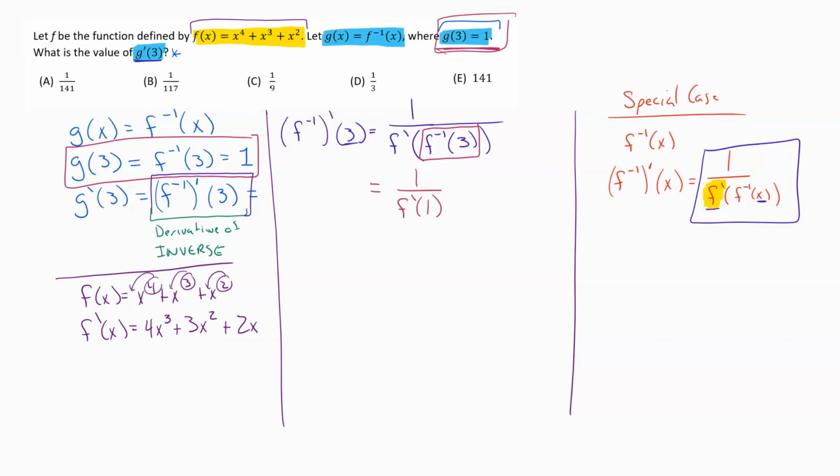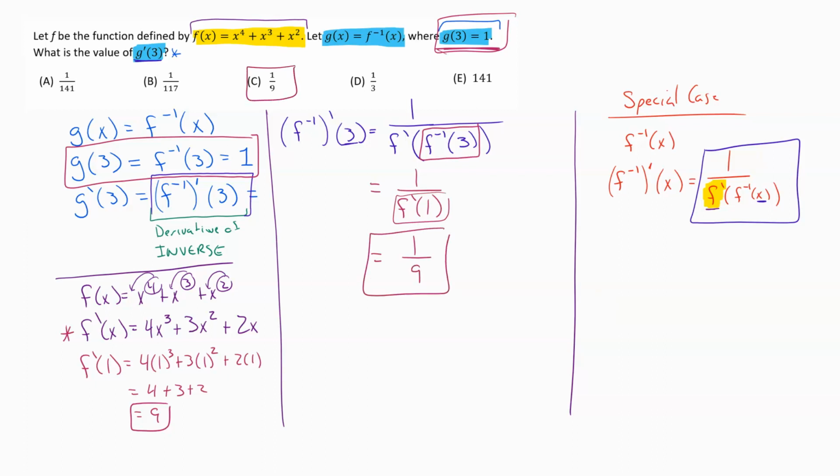To figure out f prime of 1, I plug 1 into my f prime equation everywhere I see an x, and I get 4 plus 3 plus 2, which gives me 9. So in the end, I end up with 1 over 9. That's our answer.